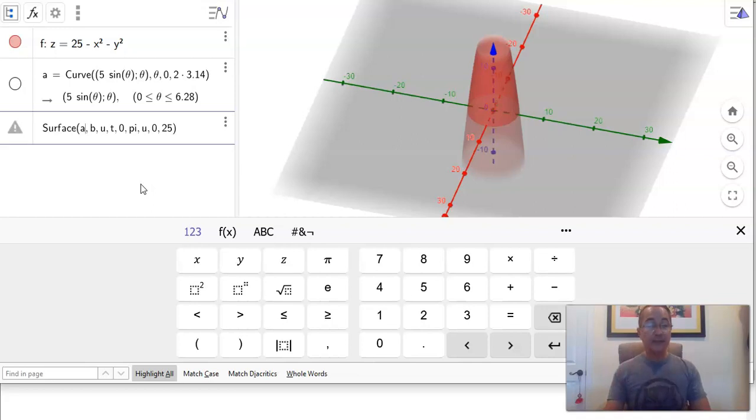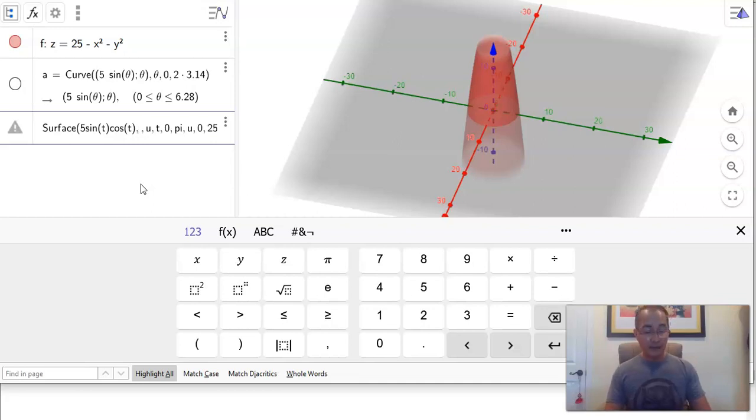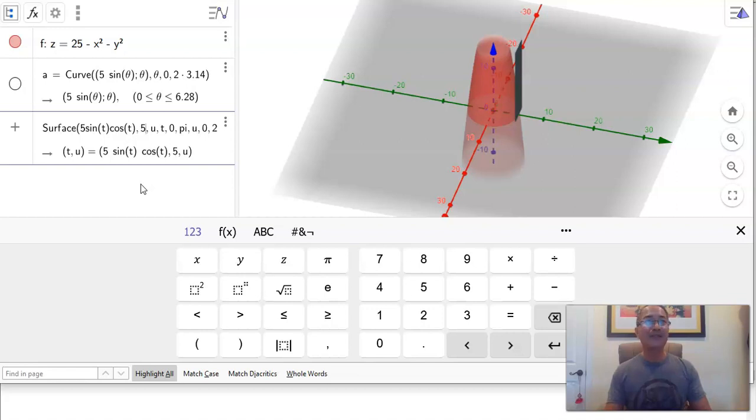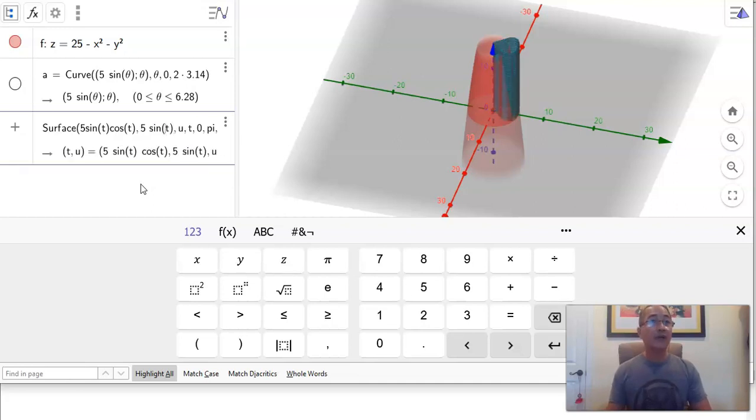So x is 5 sine t cosine t, and y will be 5 sine squared t.